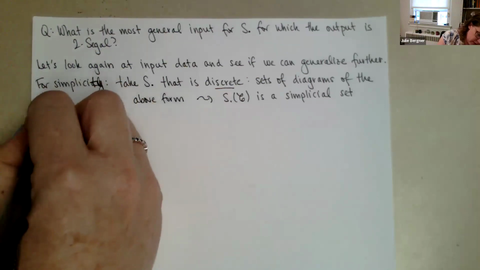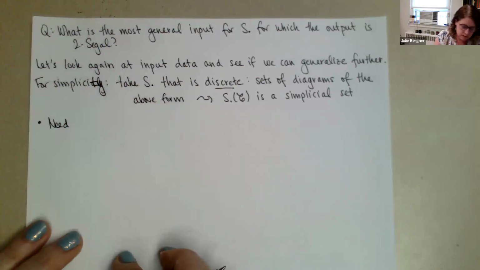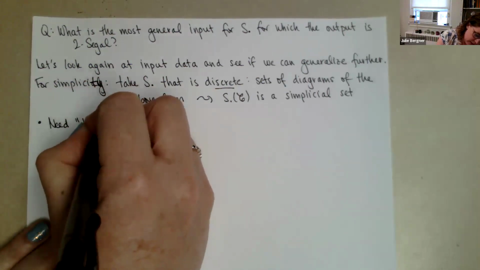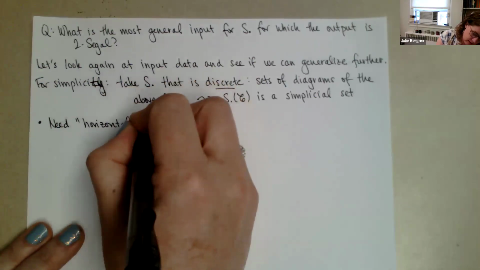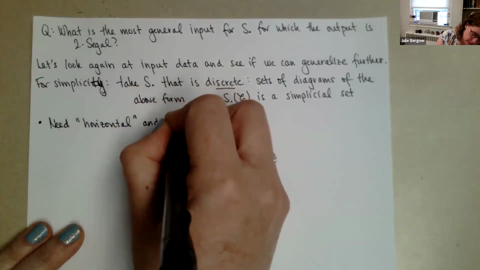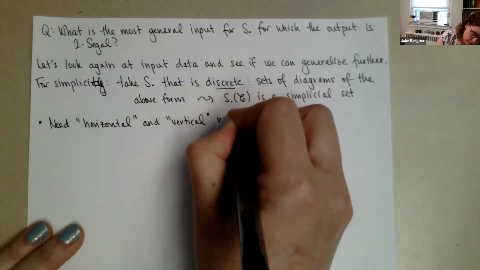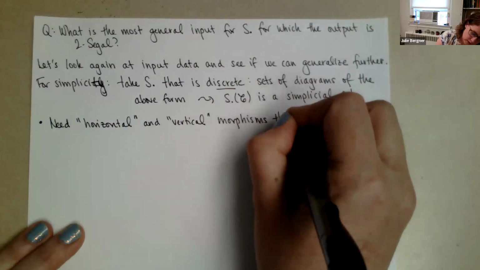So the first thing that we needed, we had these admissible monomorphisms, admissible epimorphisms. So we need some kind of things that are horizontal in our diagram, and we need things that are vertical in our diagram, that assemble into squares.